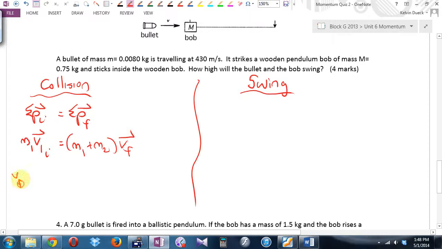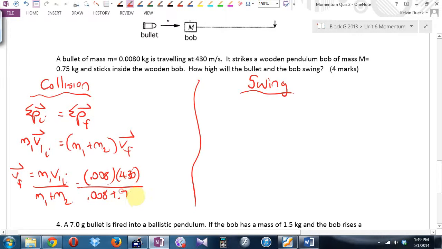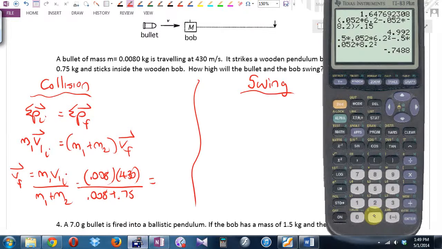V final is going to be M1 V1 initial divided by M1 plus M2. It's going to be 0.008 times 430 divided by bracket 0.008 plus 0.75.